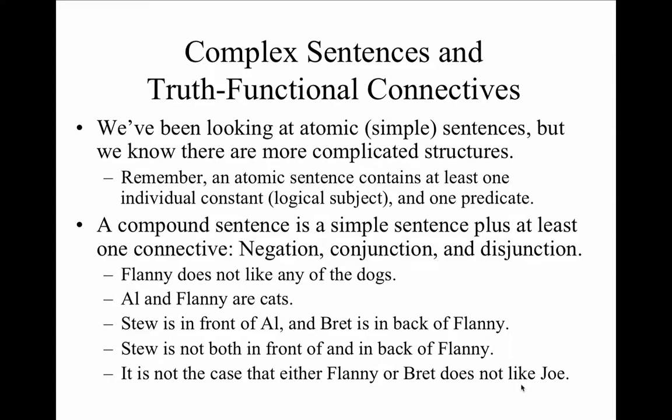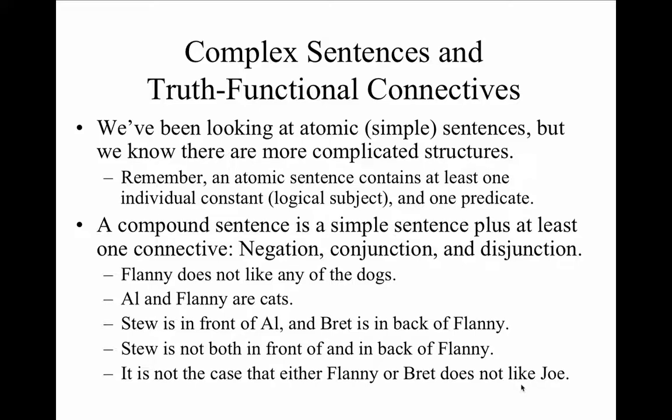So if you take a look at the first example, the phrase any of the dogs is going to be phrasing that we will learn about in chapter 9. But I wanted to include it here just to give you a flavor of some of the ways in which we can complicate sentences. So we've got our individual constants.